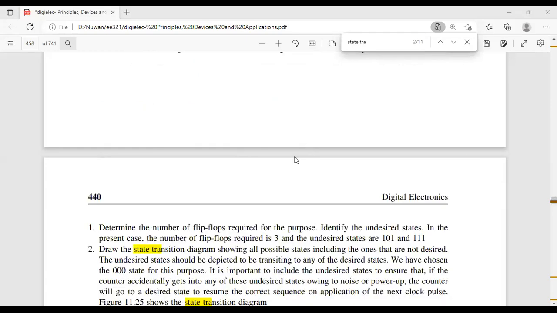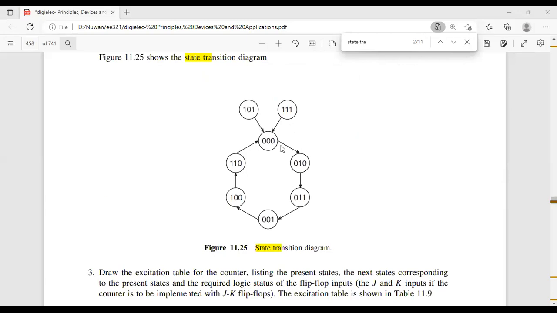So this kind of state transition diagram you have to do. These are the counting sequence: 0, 0, 0, 0, 2, 3, 1, 4, 6. These are the counting sequence, and 5 and 7 are not counting.